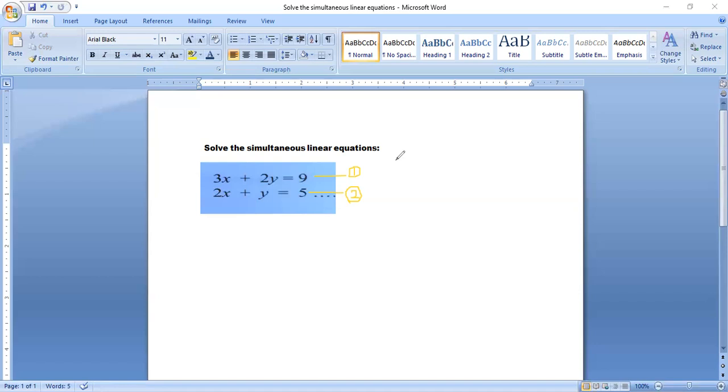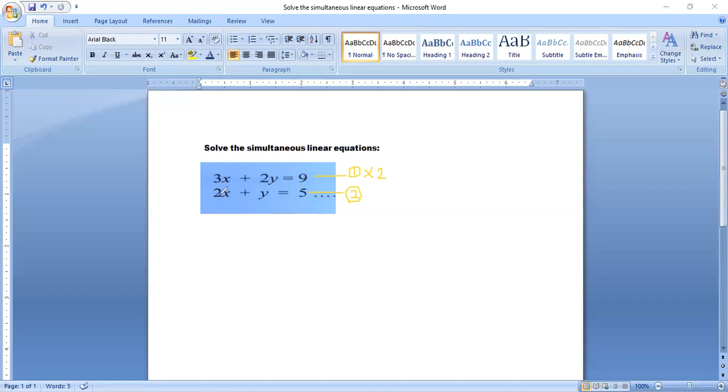And in doing so, we're going to multiply equation 1 times 2. Yes, you realize that I'm using the coefficient of x in the second equation, and that's simply the number in front of x down there.